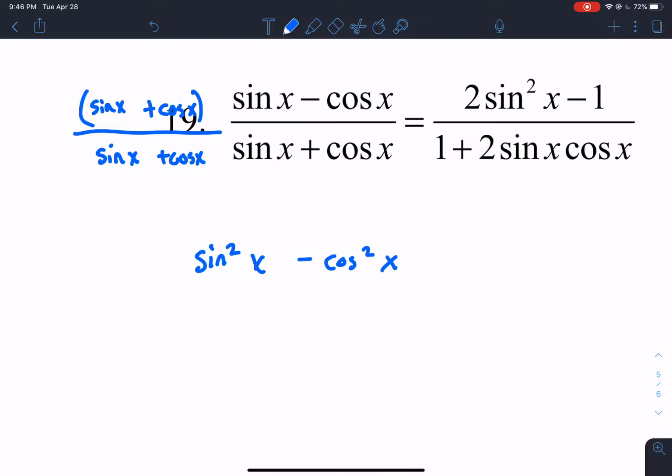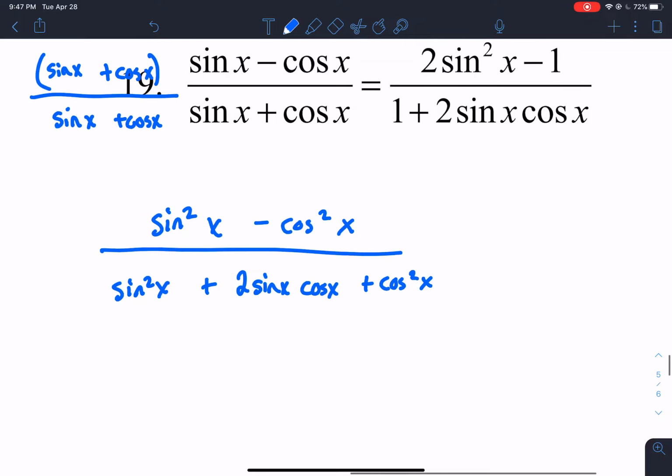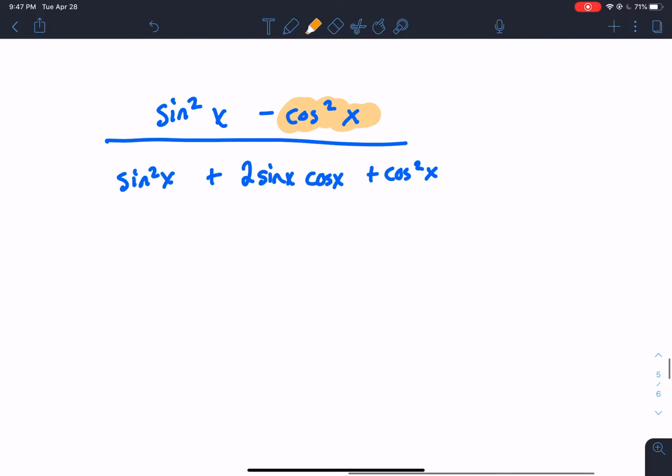And then on the bottom, that's going to leave you with sine squared plus 2 sine cosine plus cosine squared, right? Now, what do you need in the top here? You need 2 sine squared, right? So what is cosine squared the same thing as? Well, that's the same thing as 1 minus sine squared, right?